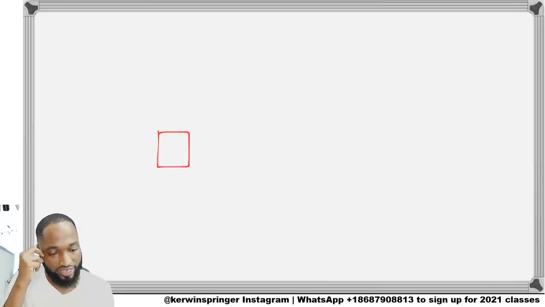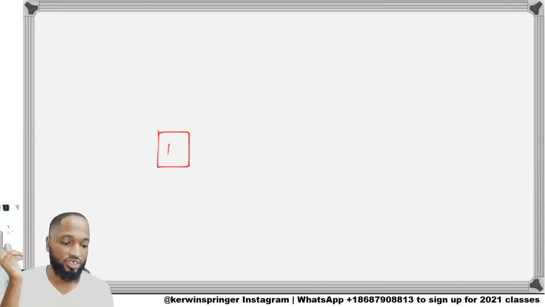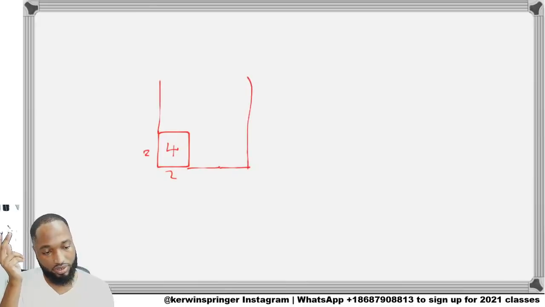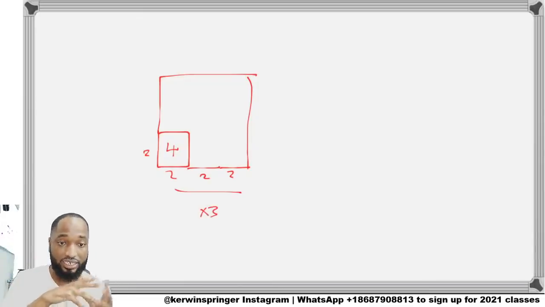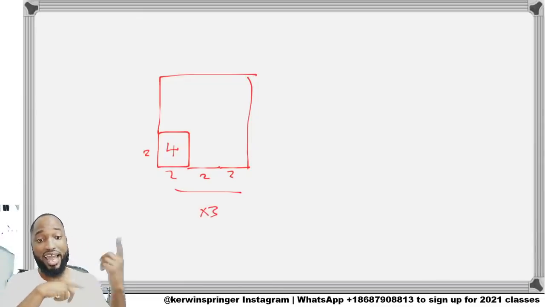If you have a square that is 2 by 2, its area is 4 centimeters squared. If I increase the length of a shape by 3 times, the area will be 9 times.